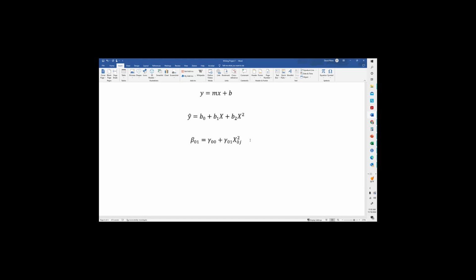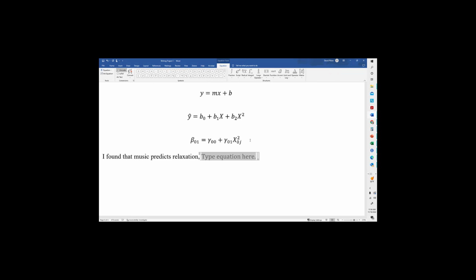More than this, you can write things like, I found that music predicts relaxation. And then go Alt plus equals, F1 and 23 equals 4.56, P less than 0.01.